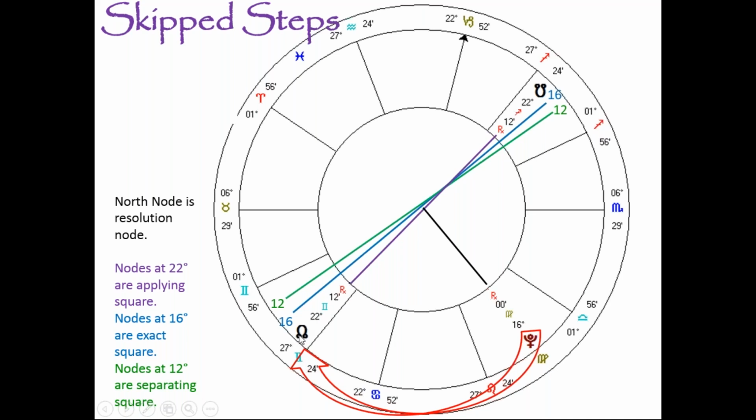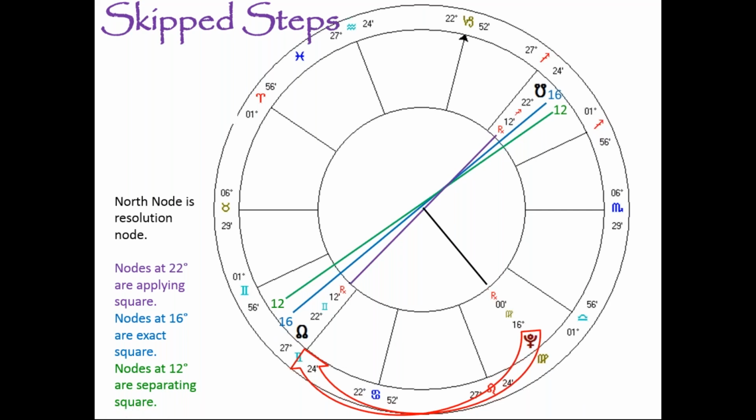The nodes are applying squares to Pluto. If the nodes were at 16 degrees Gemini Sag, it'd be an exact square. If the nodes were at 12, it'd be a separating square. So here's your visual on the nodes applying squares.